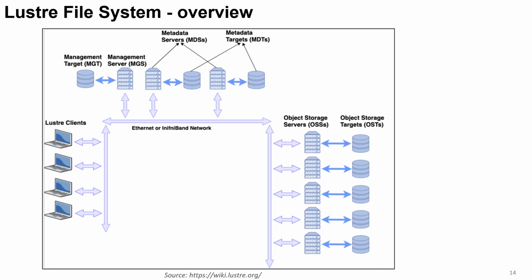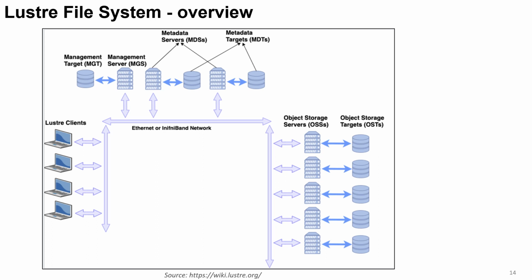The object storage targets are devices which are used by the object storage server to store the contents of the files. An object storage server is often connected to multiple OSTs or object storage targets. The total storage capacity of a file system is the sum of the capacities of all its storage targets. Hence, the greater the number of OSTs, the better the I/O capability of a file system.